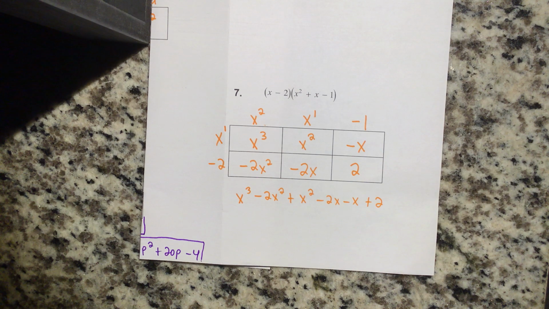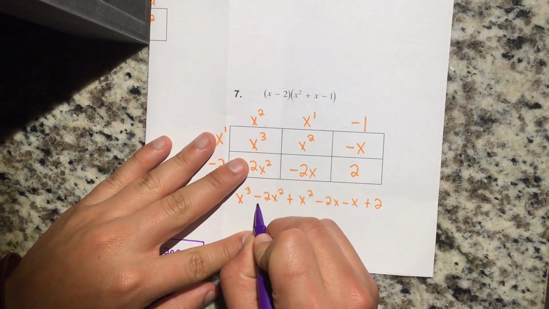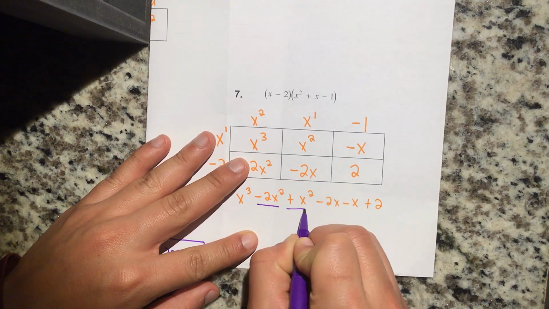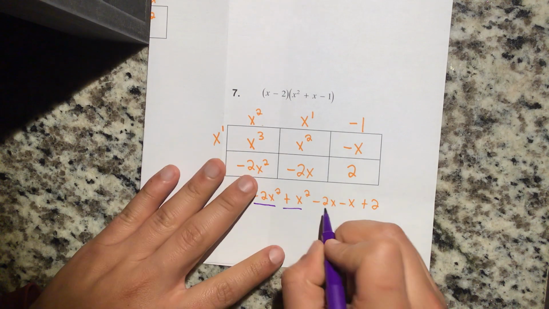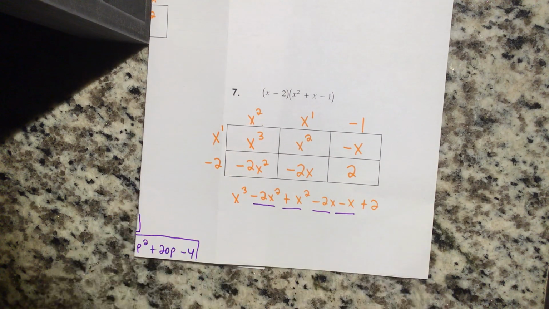What we can do is combine like terms. Remember, like terms means same variable, same exponent. So here, for the first time, I do have some stuff I can combine. Here I can combine negative 2x squared and x squared, and negative 2x and minus x, okay?